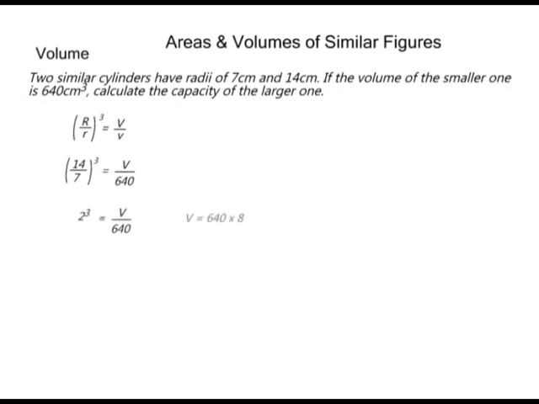V is equal to 640 times 8, and that gives us 5,120. We now convert volume to capacity in liters. 1000 cubic centimeters is equal to 1 liter, and therefore 5,120 will be equal to 5.12 liters.